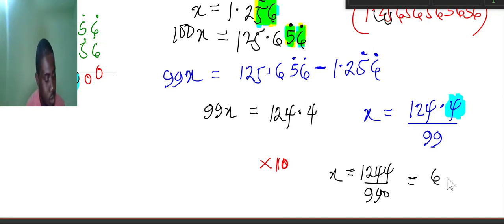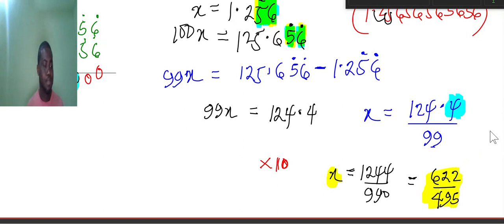That's the simplest fraction. If you convert it to decimal with a natural display calculator, you can press SD. That gives 1.25656565, so there's a repetition of 56, and that's correct. So the final answer in the simplest fraction is that.